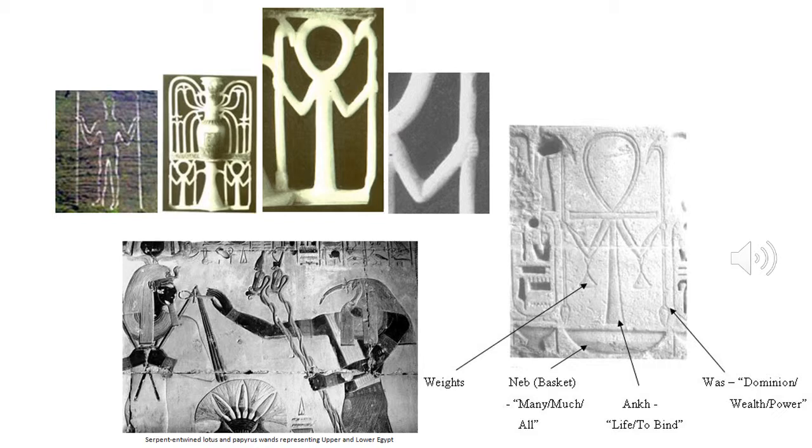And then on the right there we've got the ankh with the was sceptres, and it's shown there with two weights hanging down from the elbows. This resembles Egyptian depictions of scales, showing that the was sceptre represents dominions, so this must represent the two dominions of Upper and Lower Egypt being held in balance. So it's an image therefore of the balance of the lands.